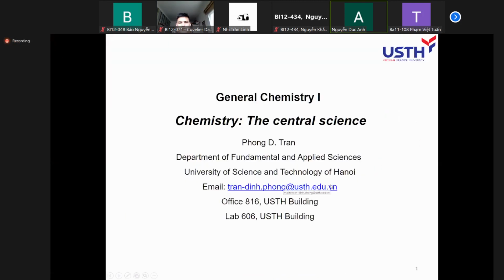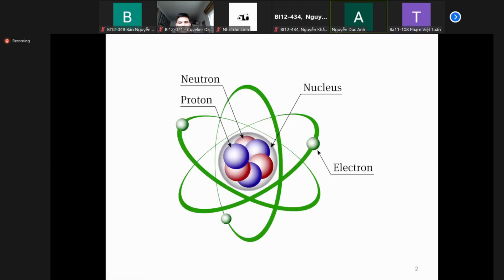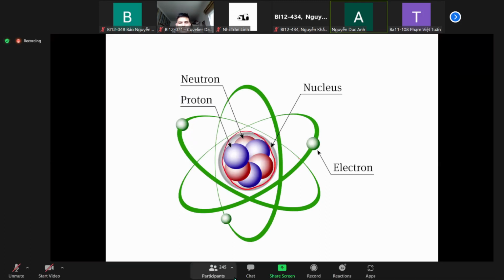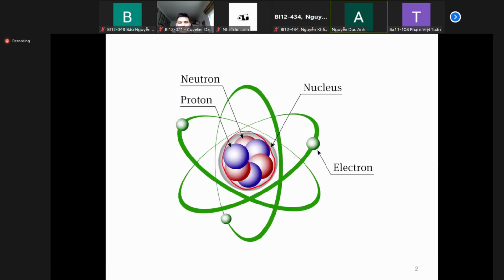Okay, so beautiful slide. Let me remind you a little. As we all know, atoms contain a nucleus, and the nucleus is surrounded by electrons moving around it.